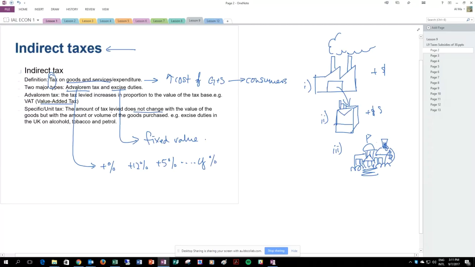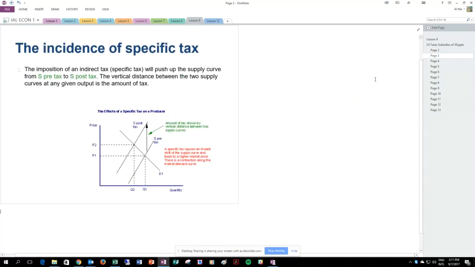And the idea of taxation can be illustrated on a regular supply and demand diagram, as we can see here.